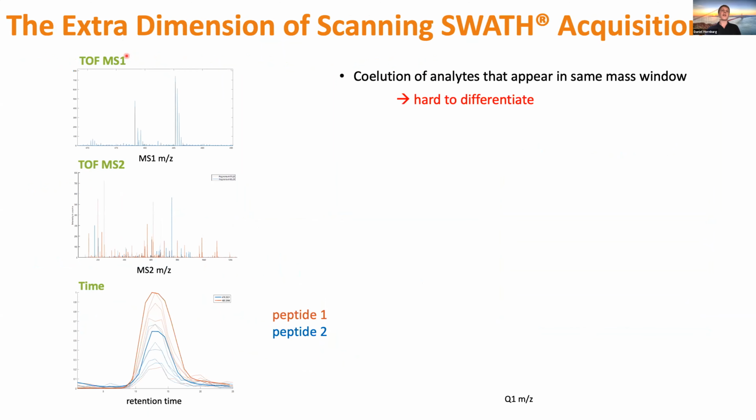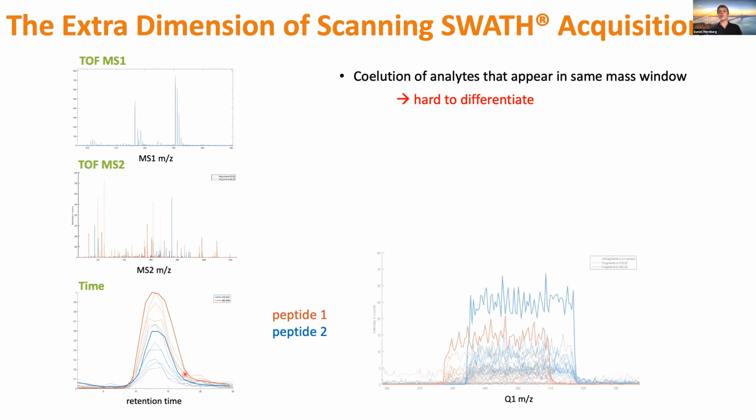So in other words, let's look at, for example, this MS1 spectrum here. We have a couple of peptides in it. We would generate in a swath window this type of fragmentation pattern here. And I've already marked here peptide 1 and 2 with blue and red. But conceptually, it would be hard to really understand which of the ions is coming from what type of precursor, especially since the retention time dimension doesn't really show a difference.